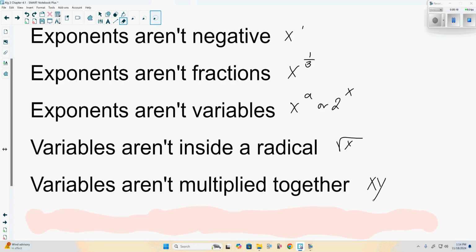We can't have two different variables being multiplied together. We can't have x times y. That's not going to be a polynomial function.